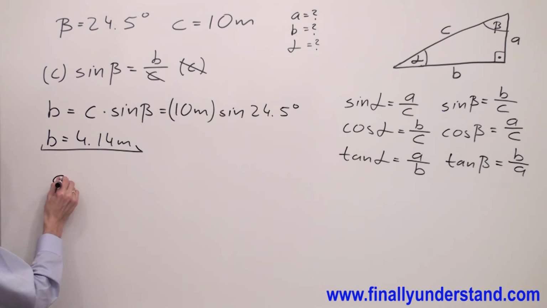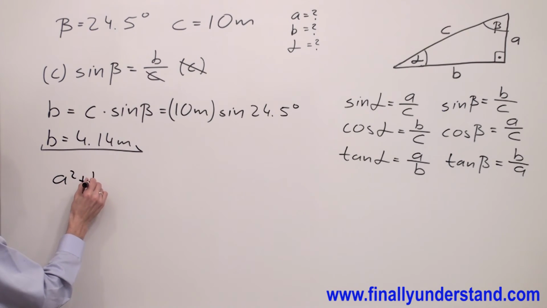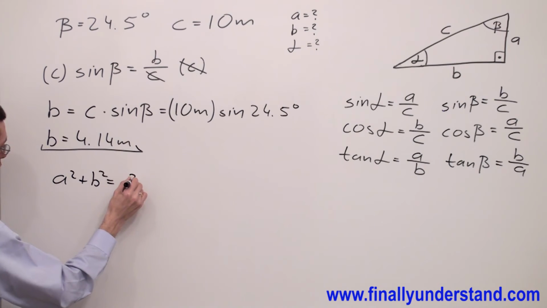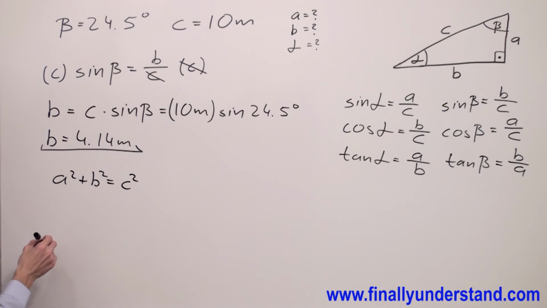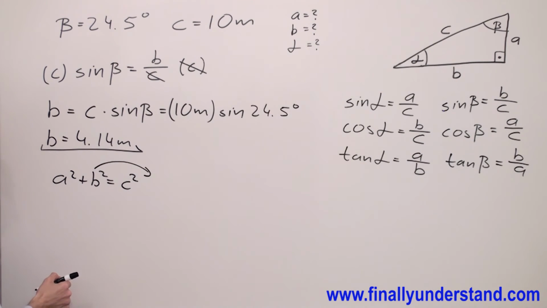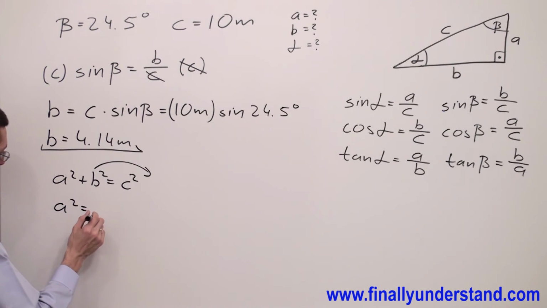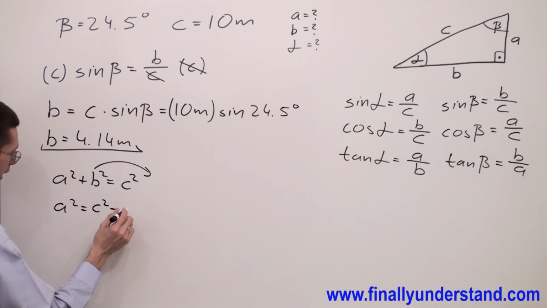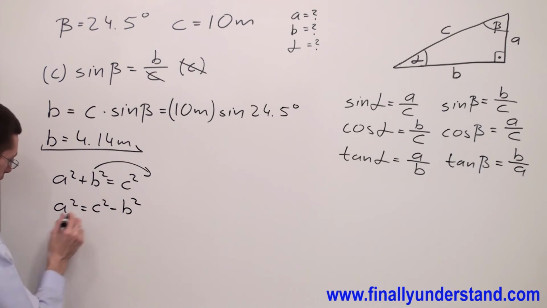So I have A squared plus B squared is equal to C squared. In order to find the length of side A, I'm supposed to move B to the right side of my formula. So I have A squared is equal C squared minus B squared.